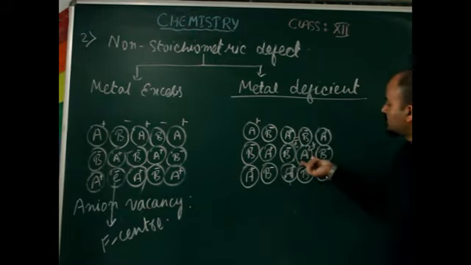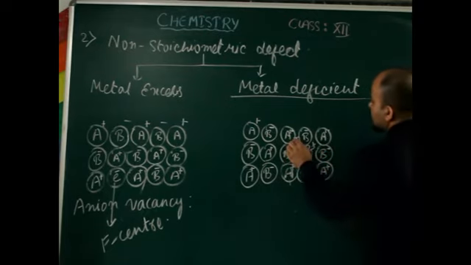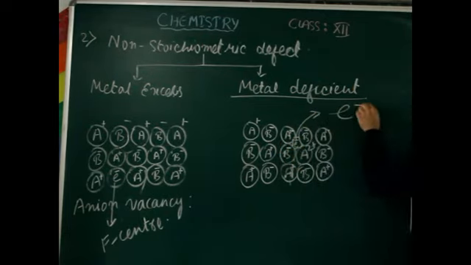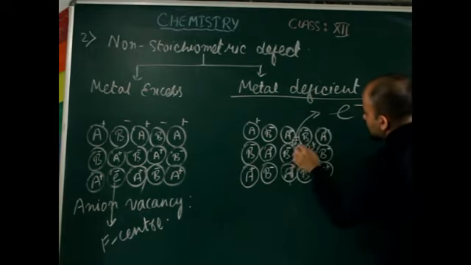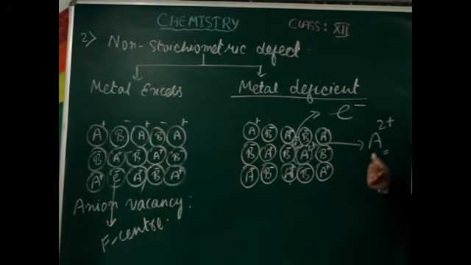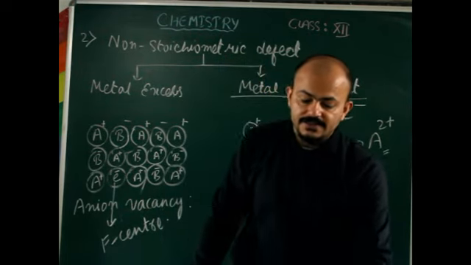Therefore, one of the nearby cations has taken the responsibility of maintaining electrical neutrality by increasing its oxidation state. If you can understand, this interstitial site is occupied by an electron, and in this particular part, this is A2 positive. It is not just A positive, it is A2 positive. Please remember this. So we have discussed metal deficiency defect.